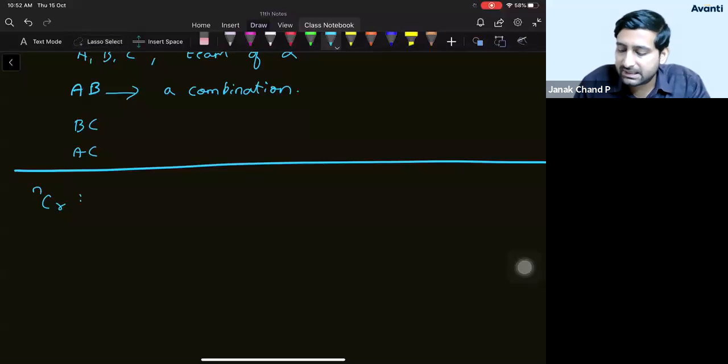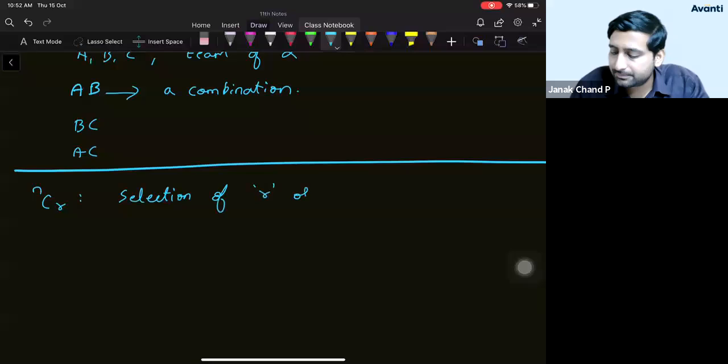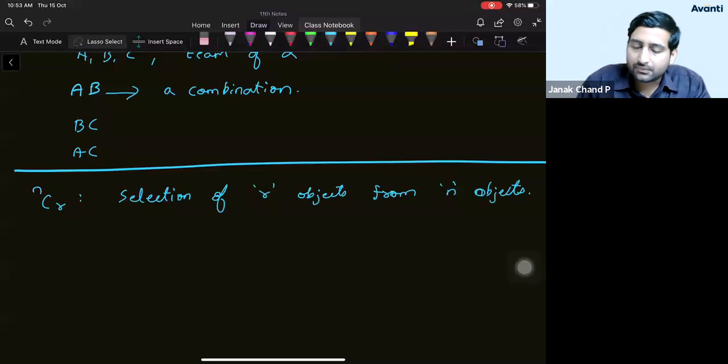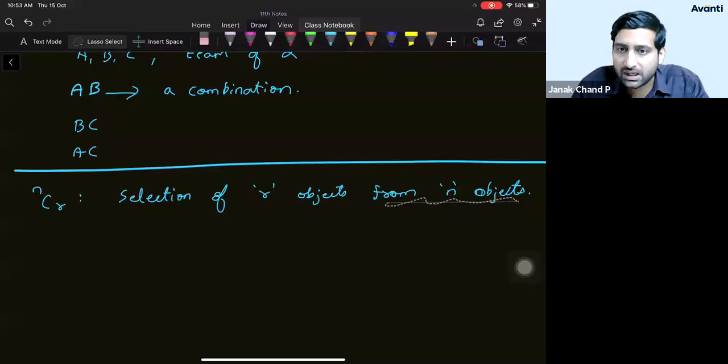The meaning of this is selection of R objects at a time, selection of R objects from N objects, right? So the meaning of NCR is selection of R objects from a total of N objects.